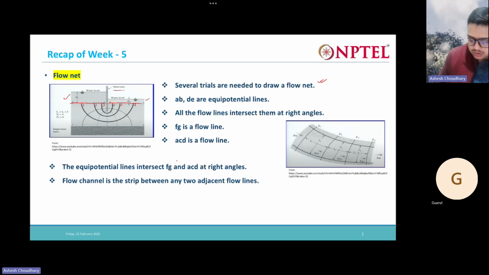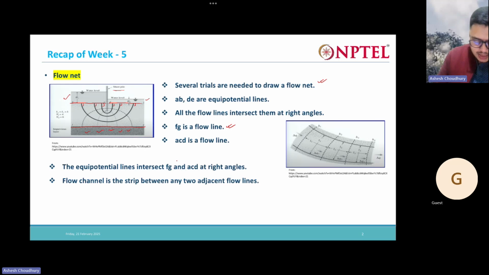FG is a flow line. This bottommost boundary is the impervious layer, and the interface above it is the flow line.